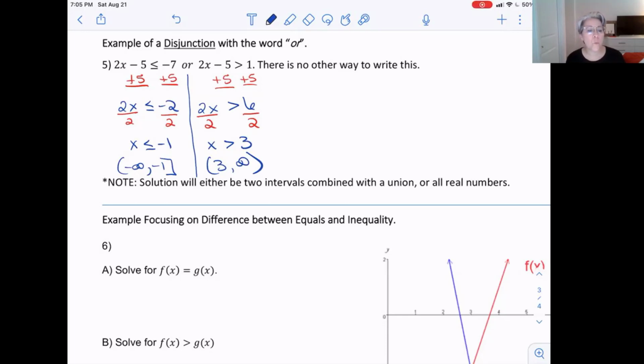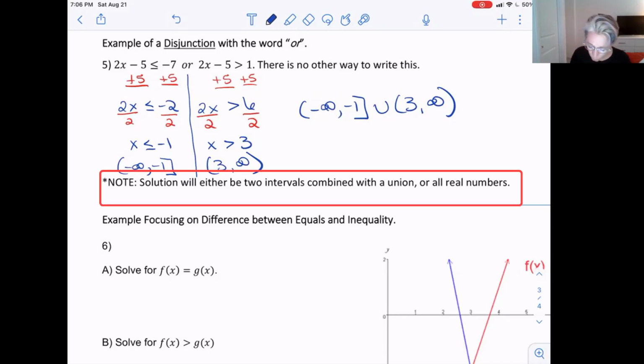So when we write the solution here, we still want to write them from smallest to largest, with our first interval from -infinity to -1 bracket, union parenthesis 3, comma, infinity parenthesis. So notice the solution for disjunctions, or the word or, will either be 2 intervals combined with a union, which is what we got, or all real numbers.